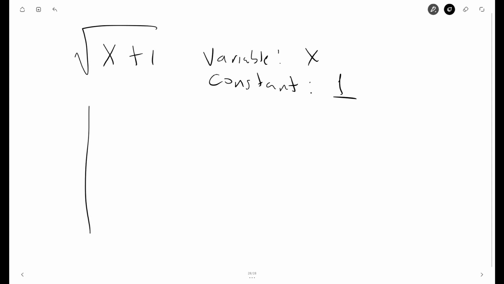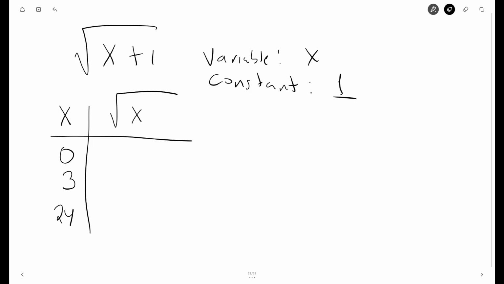Then we create a little table, and we have x. Let's choose 0. Let's choose 3. Let's choose 24. Okay, so x plus 1 is what we're looking for.